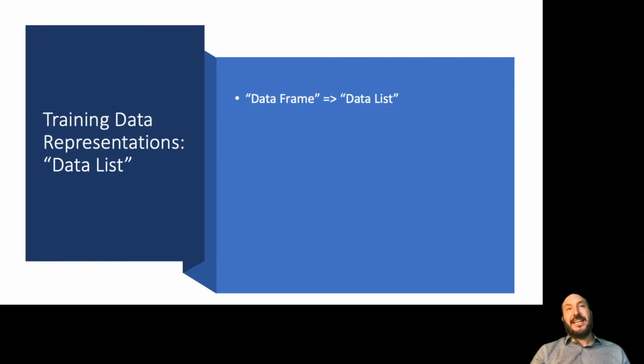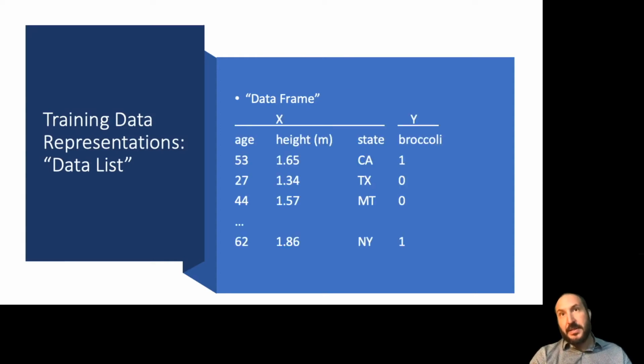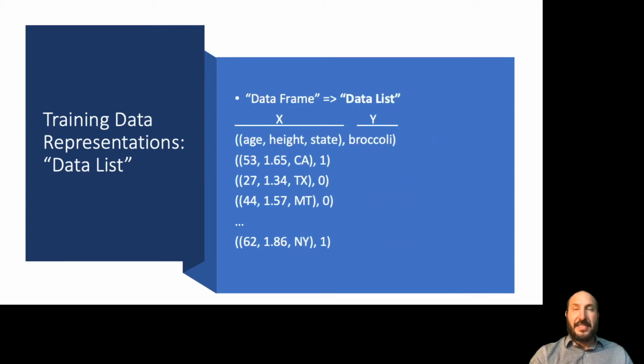Next, I want to talk about the data list. So how would we go from the data frame that we just showed before to a list where it's just a list of XY values? Well, it's fairly straightforward. The first thing we're going to do is take our predictors X and think of them as a triplet of feature values. So in this case, age, height, and state together, that triplet is going to be considered one thing.